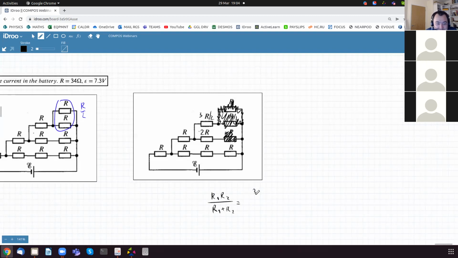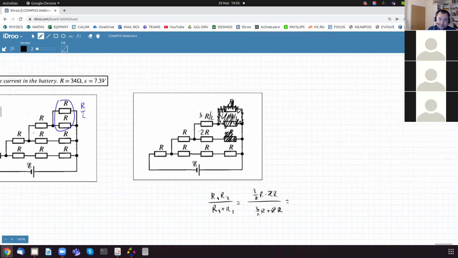So it's 3 over 2R times 2R divided by 3 over 2R plus 2R. So that's 3 over 2 plus 2, which is 7 over 2.